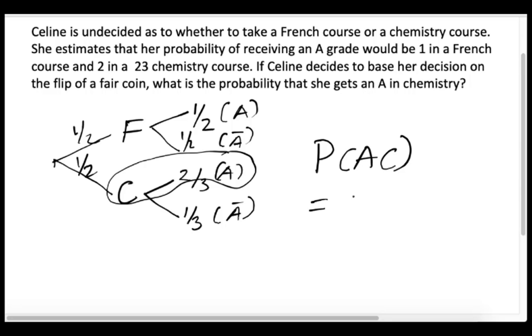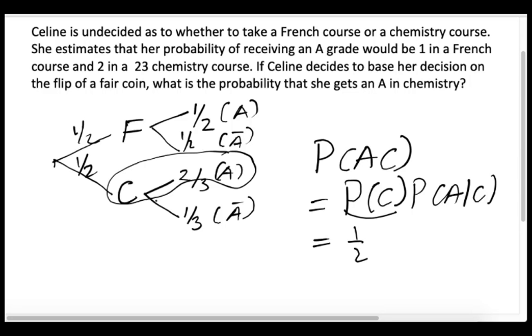Then this will be the probability of C times the probability of A given C. And the first factor is 1/2. The second factor is 2/3. So it should be 1/3.